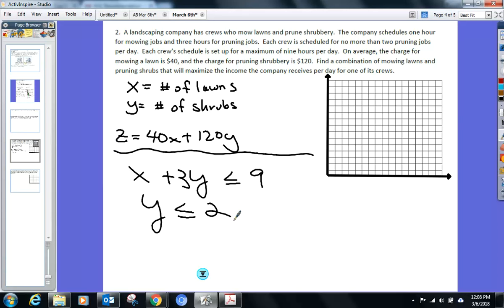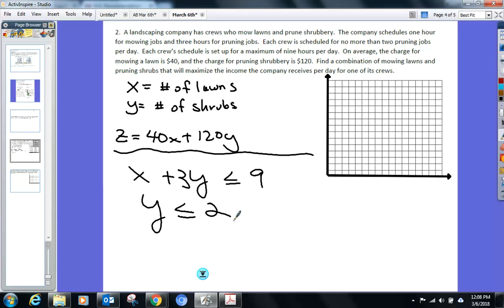It looks like we've taken care of all the restrictions. 1 hour for mowing and 3 hours for pruning. No more than 9 hours, and I can only do 2 shrubs a day. All right, that's it. You're used to 3, 4, 5 to graph, but that's it right there.